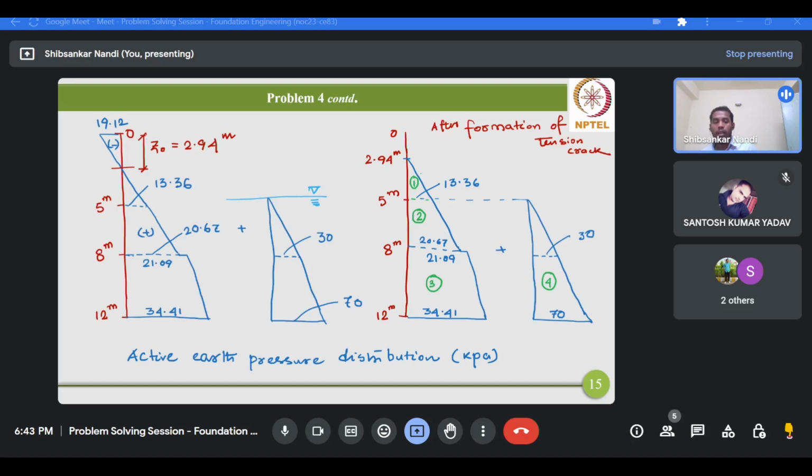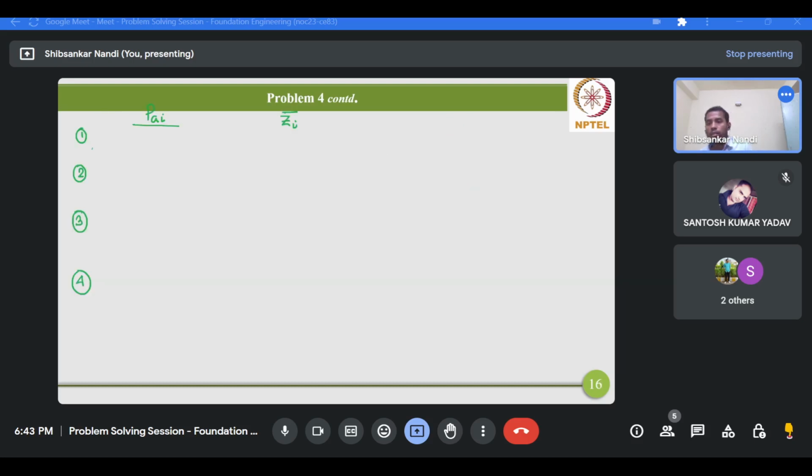The area is basically half into 5 minus 2.94 multiplied by 13.36. So please calculate and let me know.